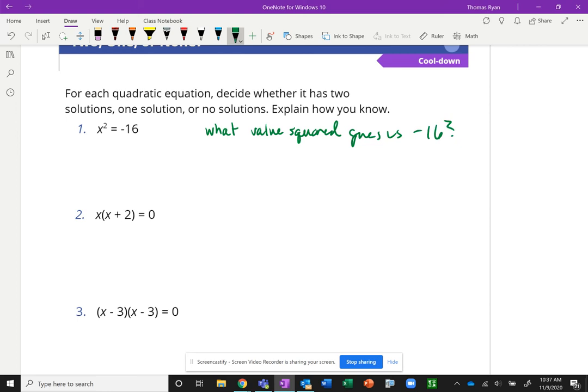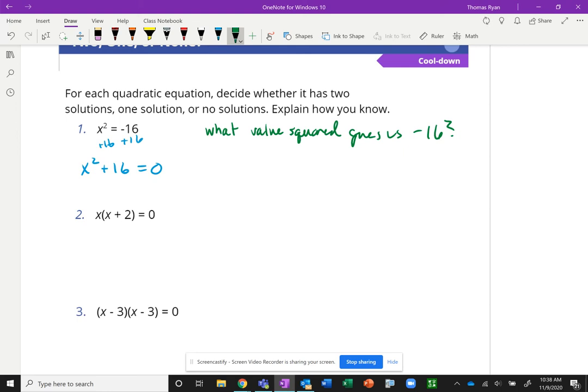Now, even if our first instinct is negative 4, we should quickly debunk that because we know that negative 4 times negative 4 is positive 16. So if you're struggling to come up with an answer, that's because there isn't one. And if we like thinking of things in terms of 0, then let's just do that. So let's balance this 16 onto this side. So we get x squared plus 16 equals 0.